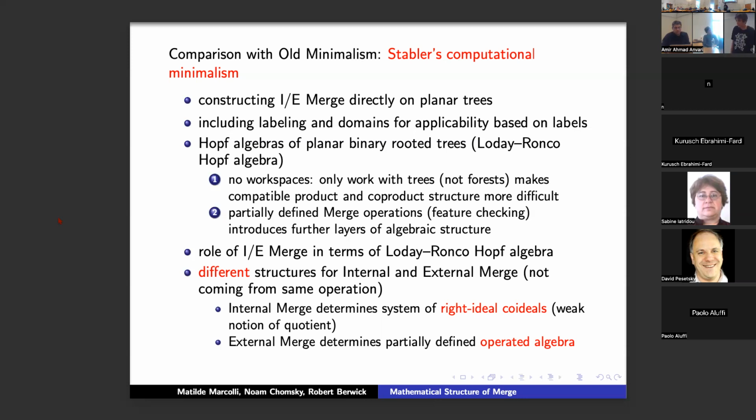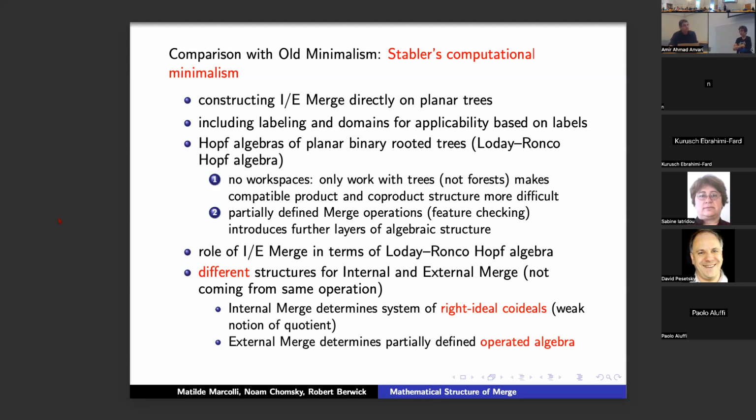Okay, so let me start saying something. This part is a little bit technical, and I have a lot more in the slides than I have time to cover, so I just want to say a few things in general, and then next time maybe I'll see how much of it I can discuss. If there's some time left at the end of the lecture, I'll come back to this in more detail.